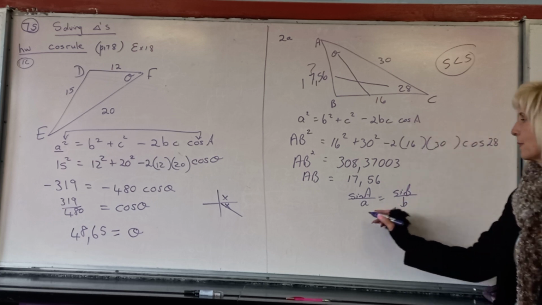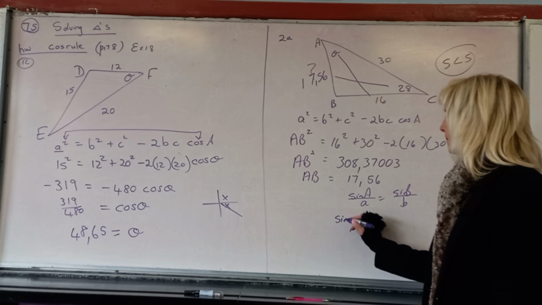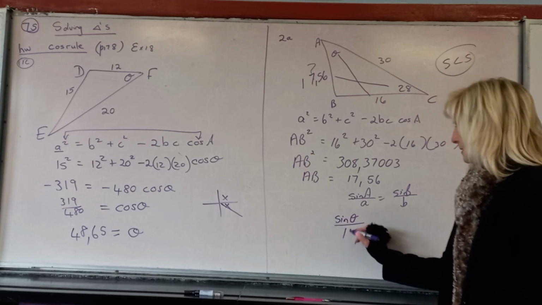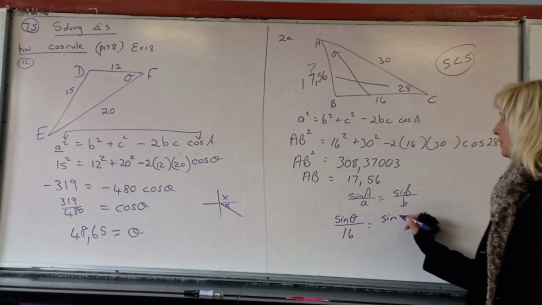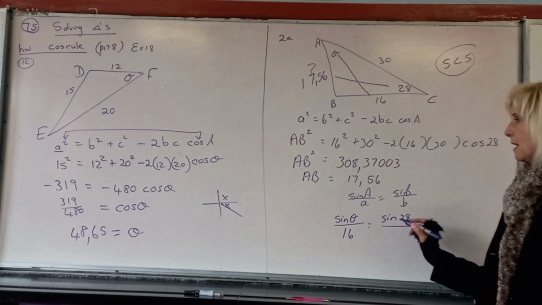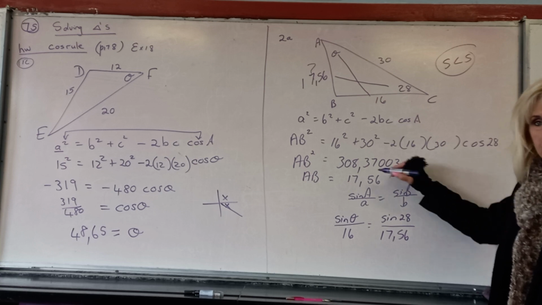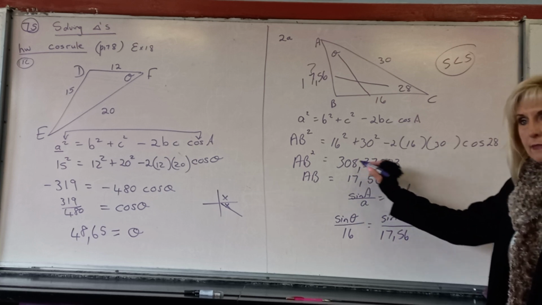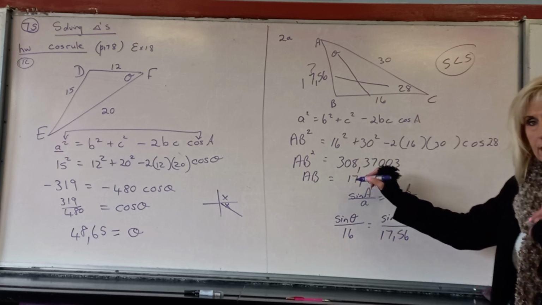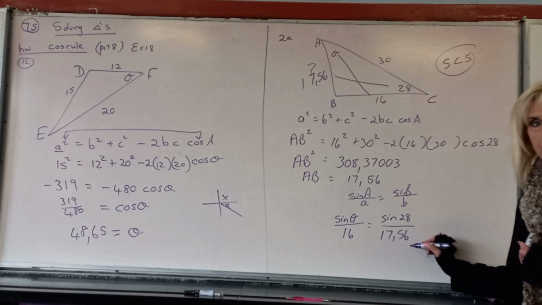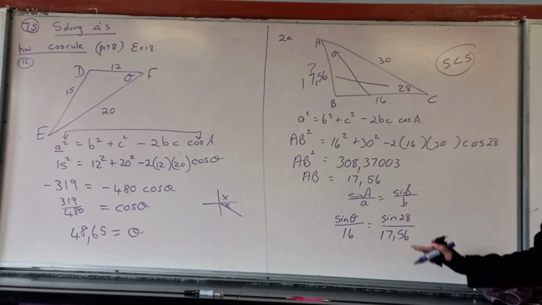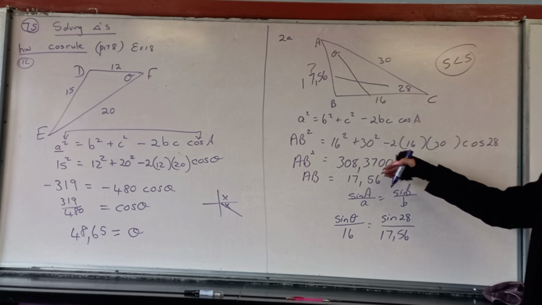So in the sin rule, I'm going to have sin theta over 16, then sin of the angle, 28, over the side, 17. Obviously, whatever wrong answer you had there, I've got to put it over here, and then you can get full marks further. Obviously you're going to be penalized for your wrongdoing there.